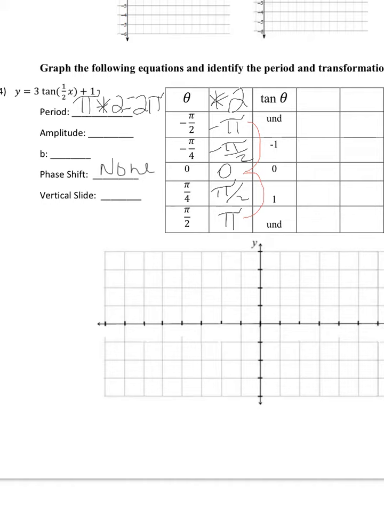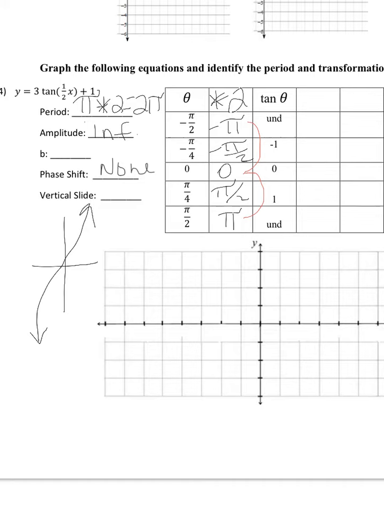Okay, so for tangent, the amplitude is infinite because on tangent we go from negative infinity to positive infinity. So tangent kind of looks like that, from negative infinity to positive infinity. So we say that the amplitude is infinite. So I'm just going to abbreviate INF for that.